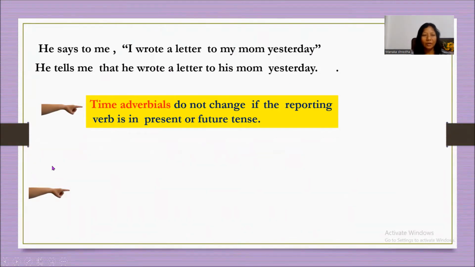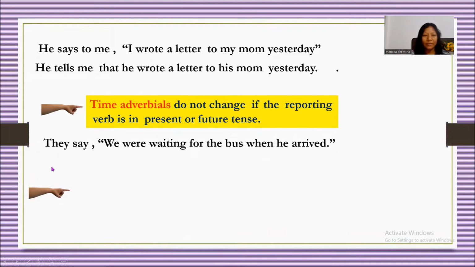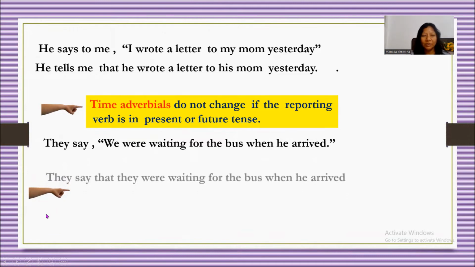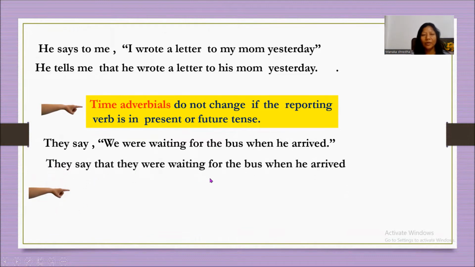Next example. They say, we were waiting for the bus when he arrived. Its reported speech is, they said that they were waiting for the bus when he arrived. Here you see the verb is not changed. The tense is the same.